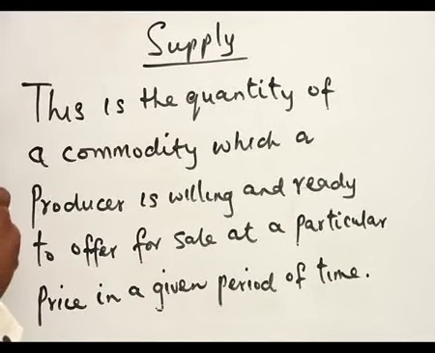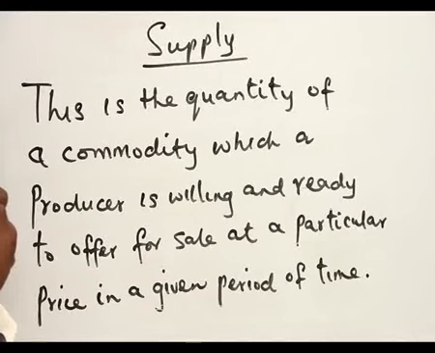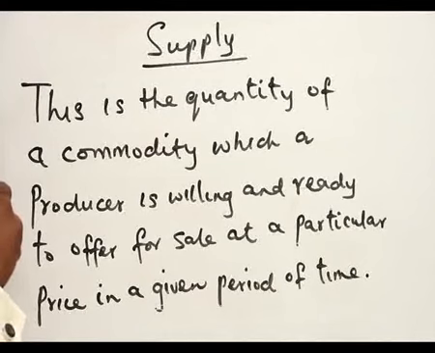Take for instance, a producer may have 50 outputs of a particular commodity, but willing to take 45 out of 50 to the market for sale. So supply is 45, while the remaining 5 left is not supply.